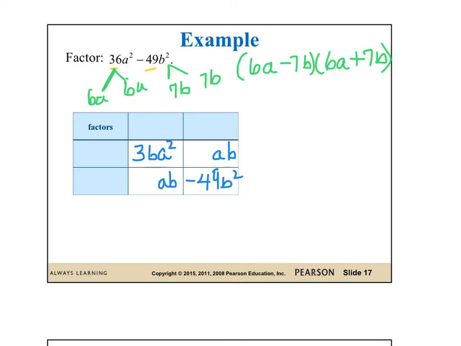And so what we're worried about is 36 times negative 49. And for 36 times negative 49, I want my calculator, especially to start doing those factors. And that's 1,764.